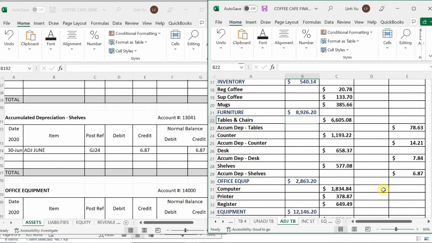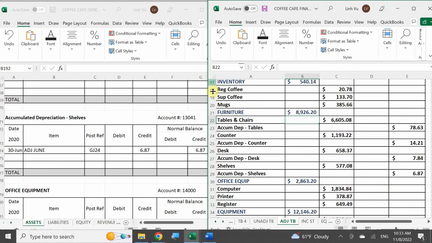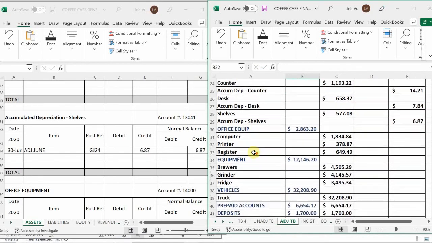After I've depreciated it, I've used my assets, now they're worth $8,926.20. Okay, and of course you could double click on it just to confirm that all the numbers are selected.